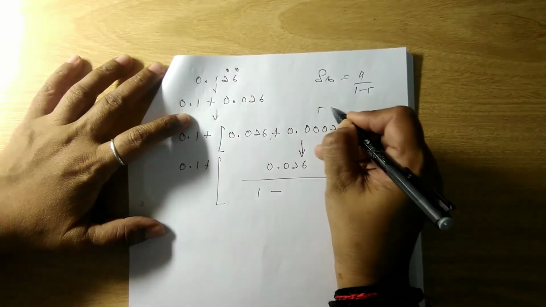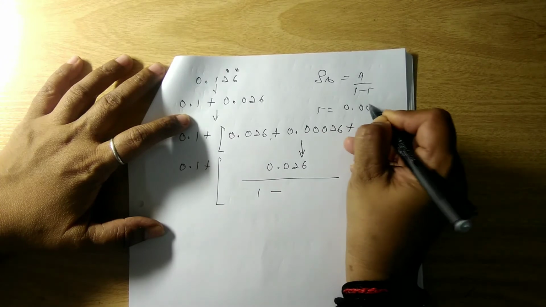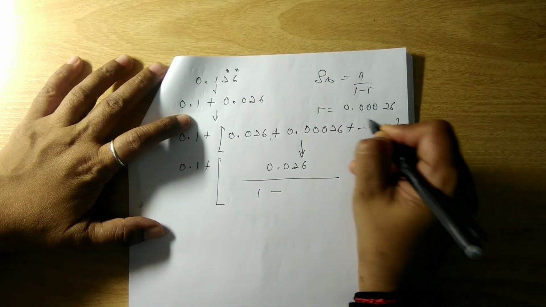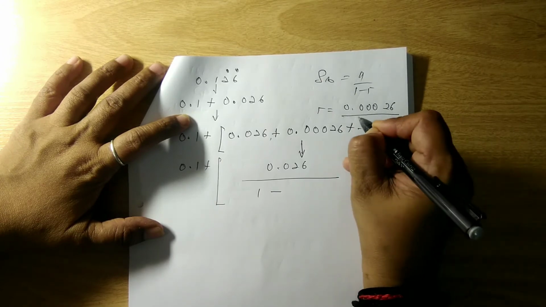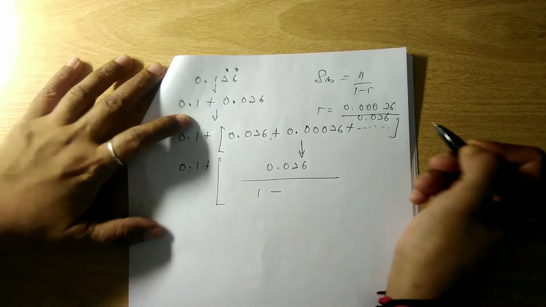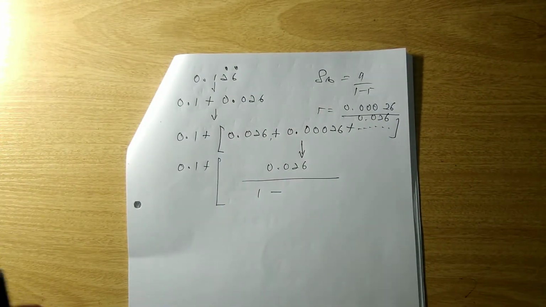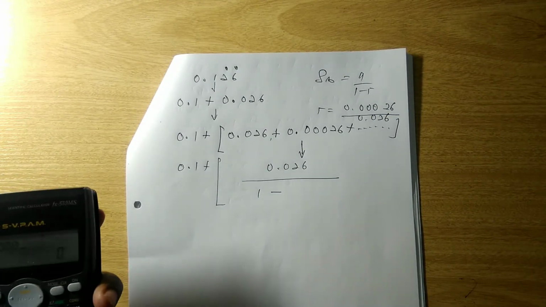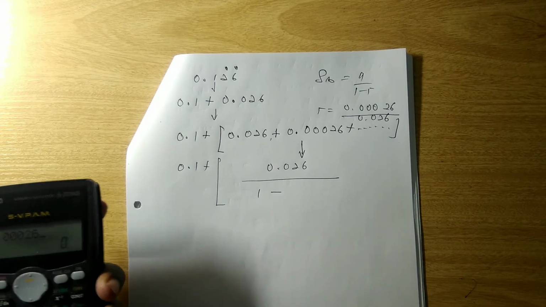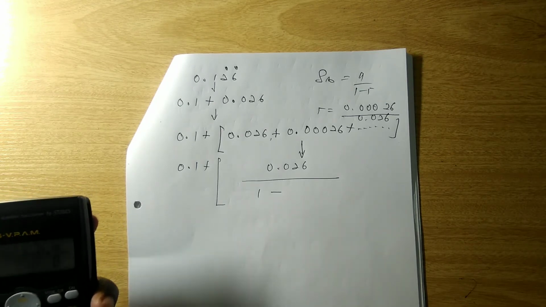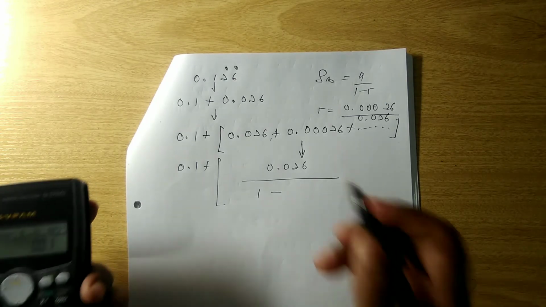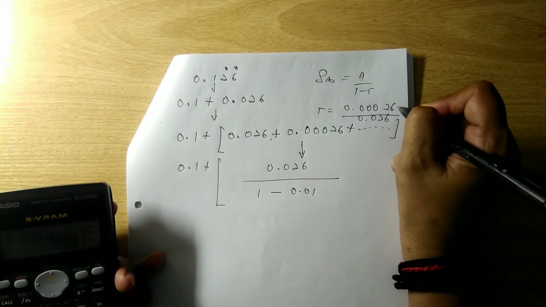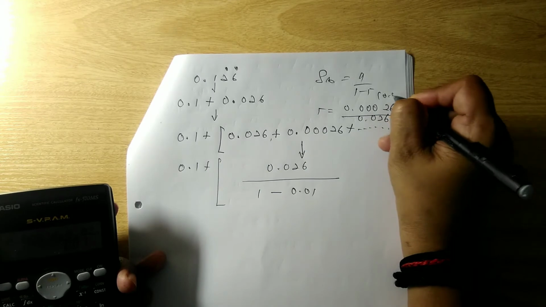R will be 0.00026 divided by 0.026. So I'll actually get 0.01. This is my R value here, 0.01.